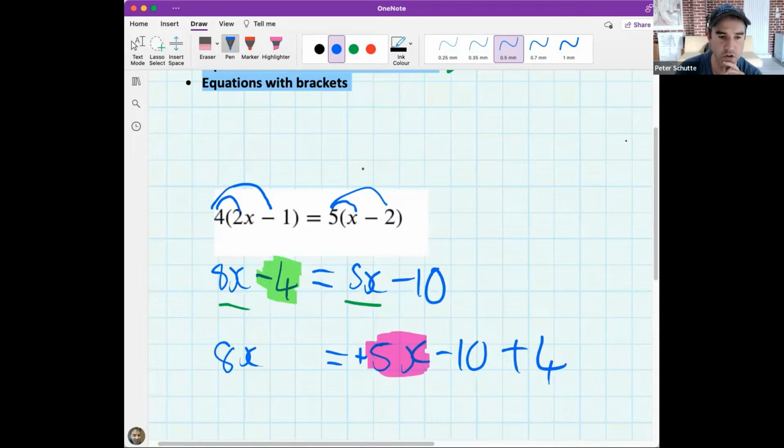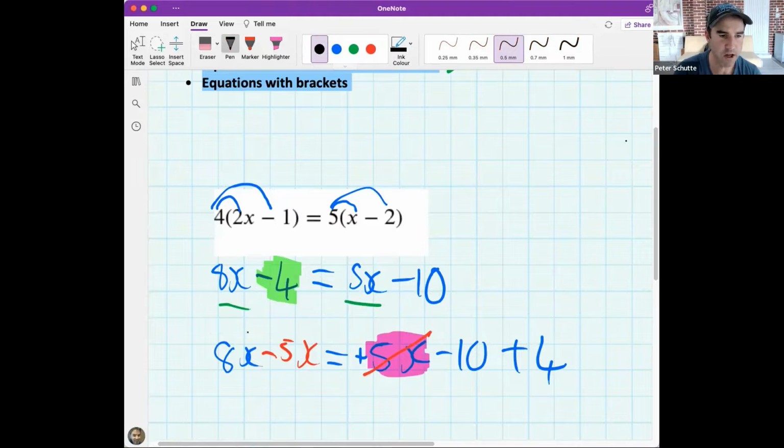Okay, so what I'm going to do is take away 5x from both sides. If I take away 5x on the right-hand side, I get that. If I take away on the left-hand side, I get that. Are you happy with what I did there, Mac? Yes. So I know that I was kind of taking the long route, but I was trying to show you that I was always doing the same thing to both sides.